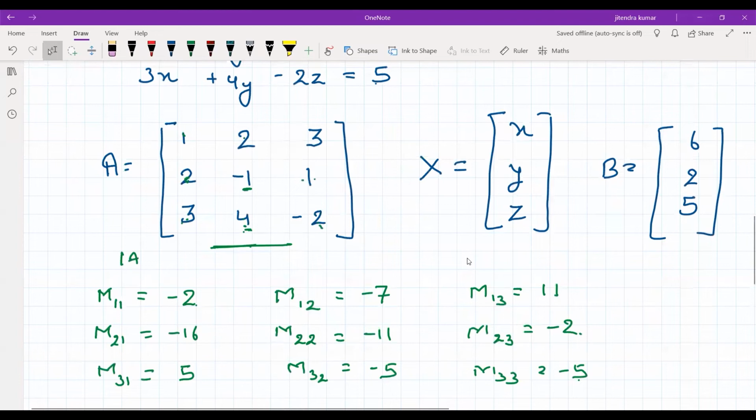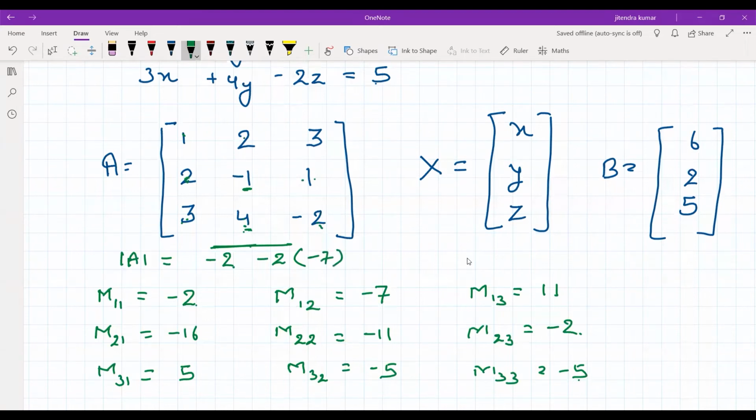So the determinant of A will be equal to 1 into this, -2 - 4. 2 - 4 will be equal to -2. So this is -2 only. Then minus 2 into M12. M12 is -7. So this will be -7.